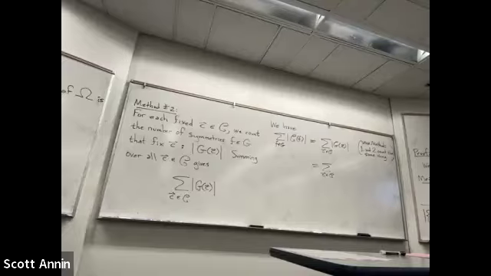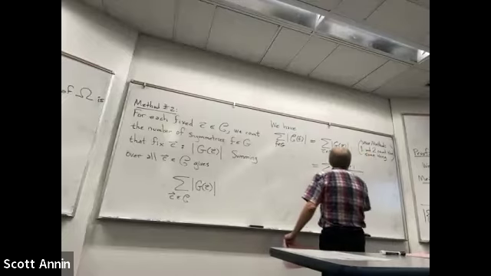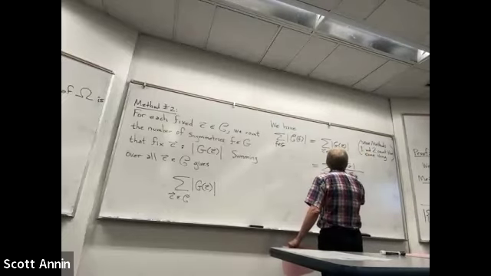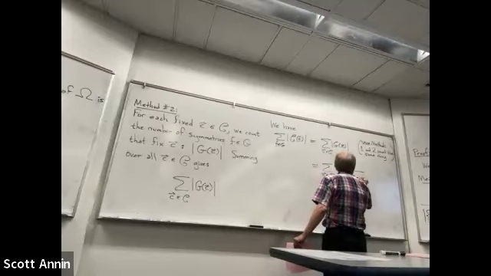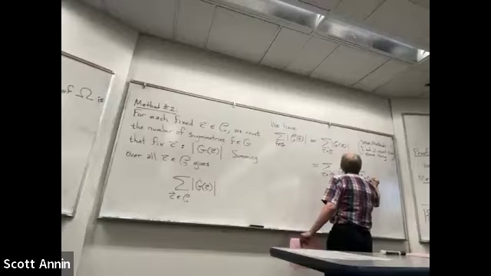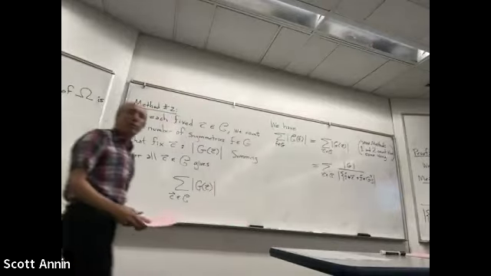I am going to solve for the size of G of C and stick it in on that summation. So if I do that, it will be the size of G on top, and on the bottom, the size of the set of F star C such that F is in G. That's what we would have.